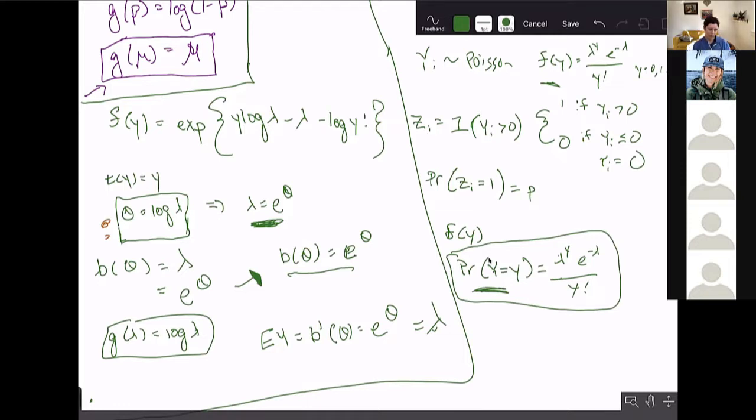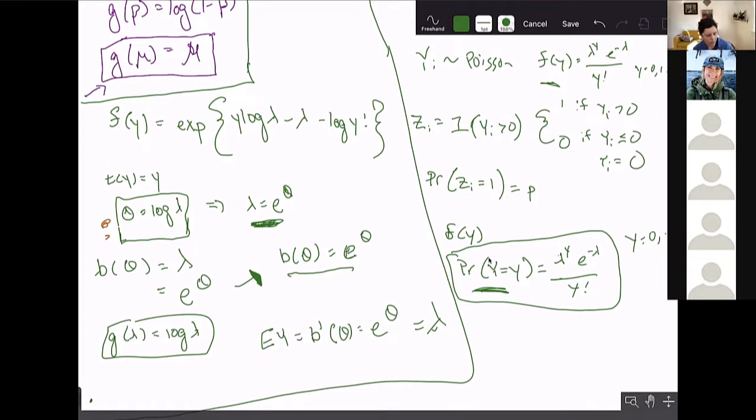Does that make sense? Yeah. So if you just keep following me, we know that y can only take on values of 0, 1, 2, etc. And we also know that when y is greater than 0, zi is equal to 1, and when y is equal to 0, zi is equal to 0.